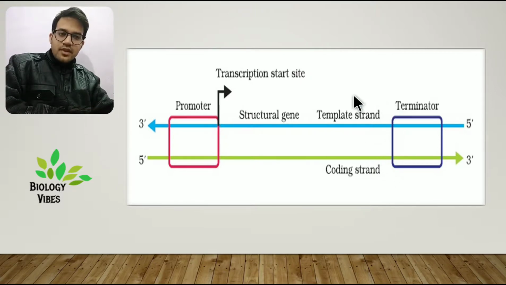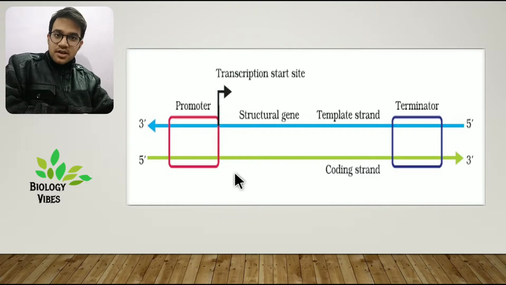Reason being, the complementary sequence of the template strand is there in the coding strand, and a new mRNA will be formed keeping the template the main thing, and the bases which will be added in the new mRNA will be complementary to this template strand.